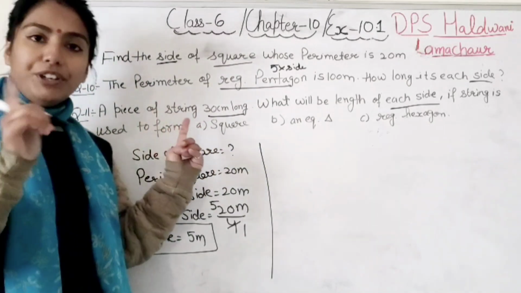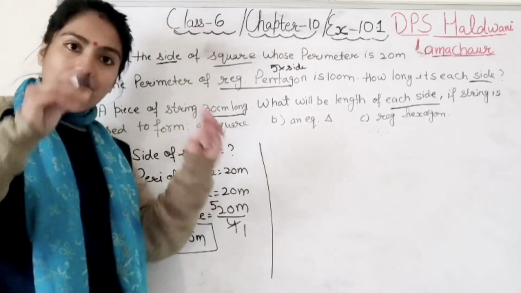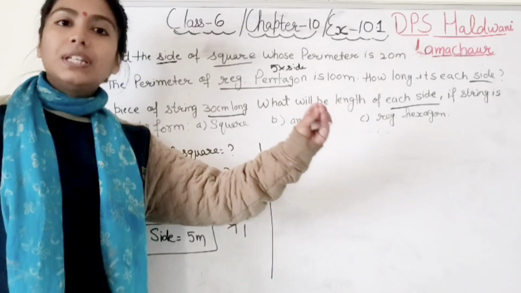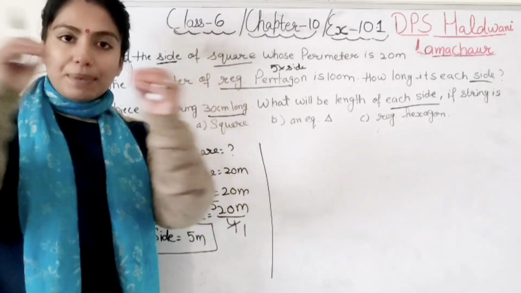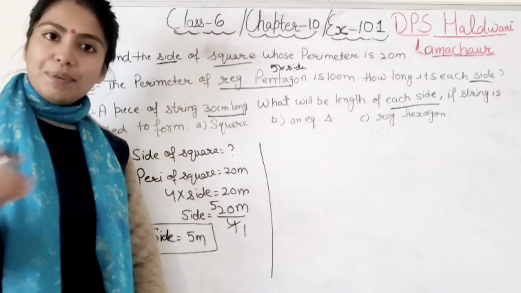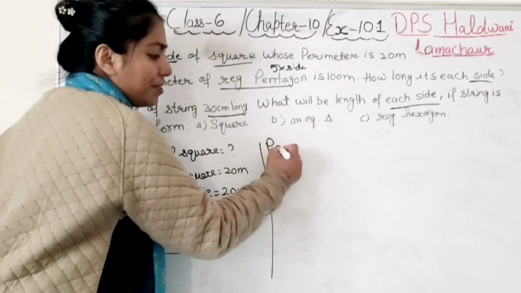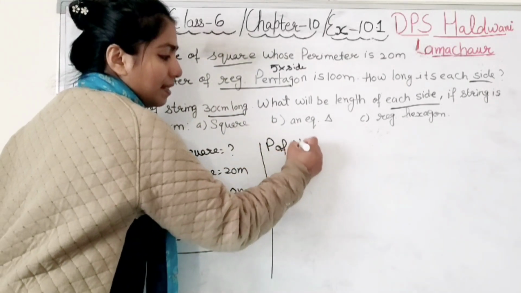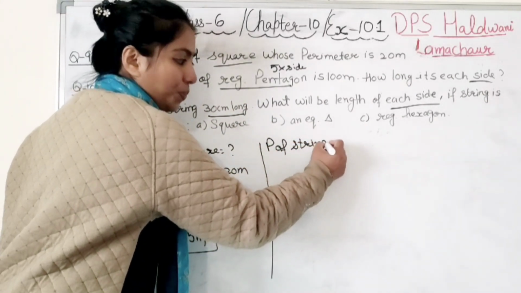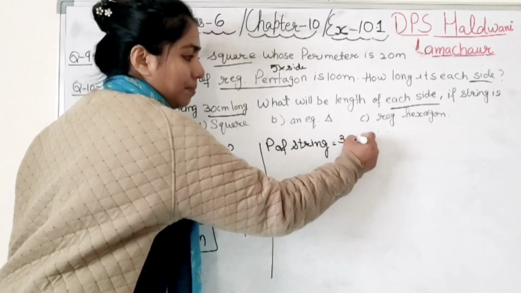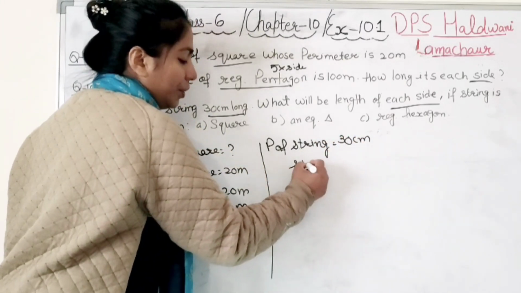Right? Now here the perimeter of the string is not given to you. It is given that the whole length is 30 centimeter. So whole means total, that is perimeter only. So perimeter of string, you will write according to the question, 30 centimeter. Side we don't know.